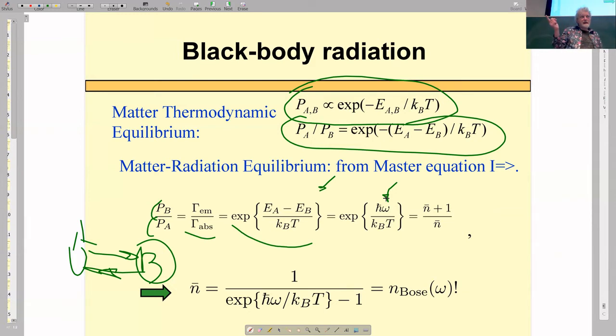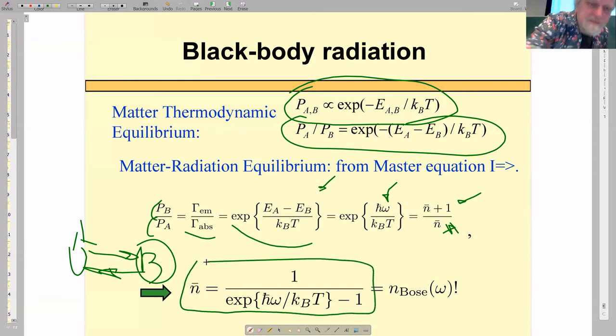Now let me recall the beginning of this lecture. What do we get from quantum mechanical calculation with golden rule formula? That emission rate is proportional to n plus 1, and this absorption rate is proportional to n, average number of photons at given energy. So from that, we immediately conclude that in the state of thermodynamic equilibrium, the number of photons must satisfy Bose distribution.